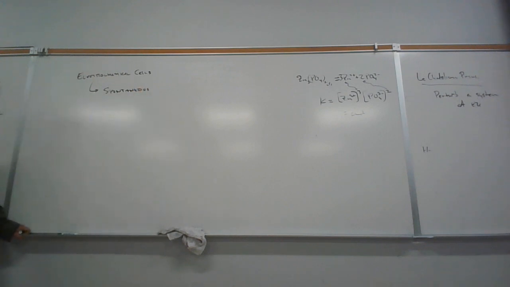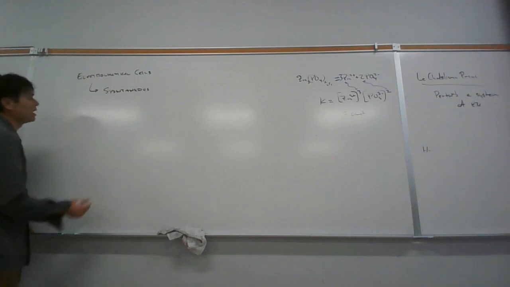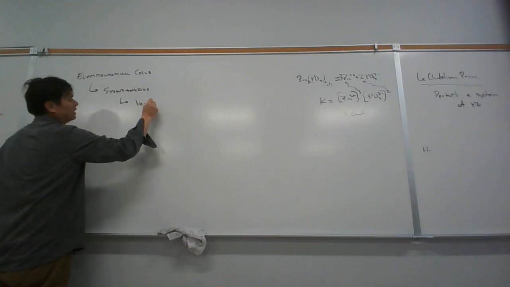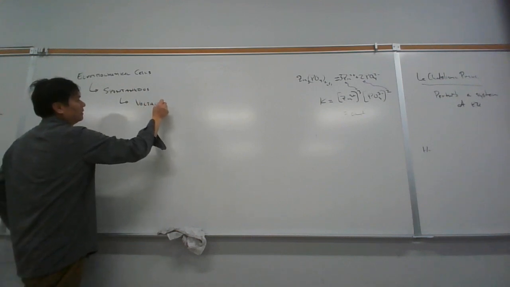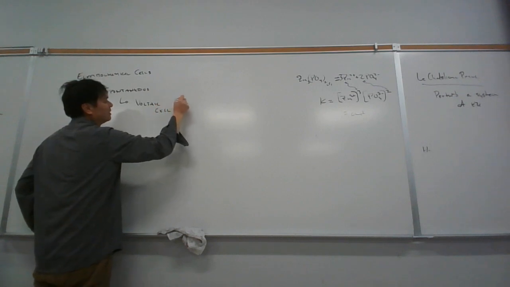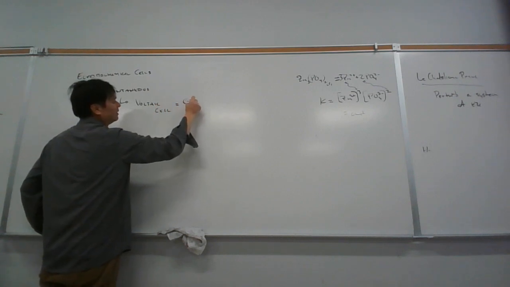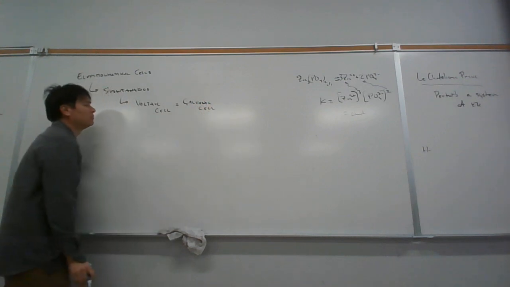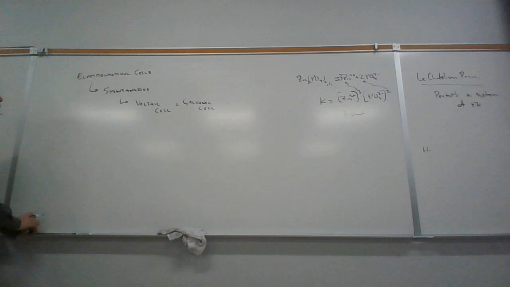The spontaneous cells just operate spontaneously. They don't need anything to drive them. And the spontaneous cells are the voltaic. Voltaic cell is the same thing as a galvanic cell. And so here we have voltaic and galvanic cells.